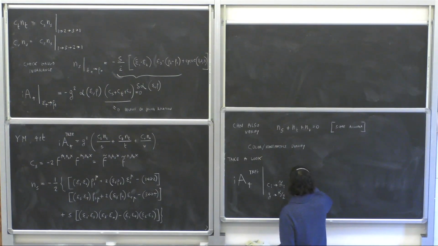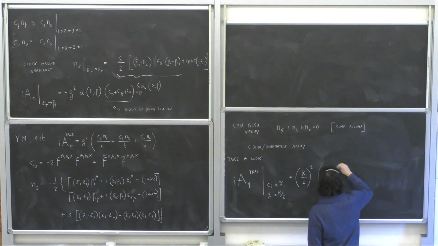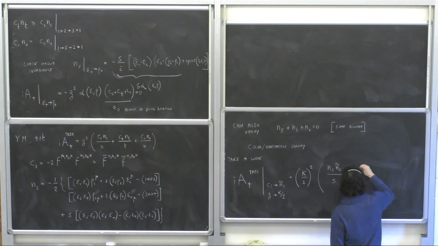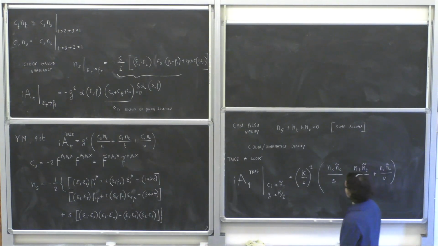This is going to be equal to, well, there are coupling constants here squared, and then we have ns tilde plus nt tilde plus nu tilde divided by the corresponding propagators.